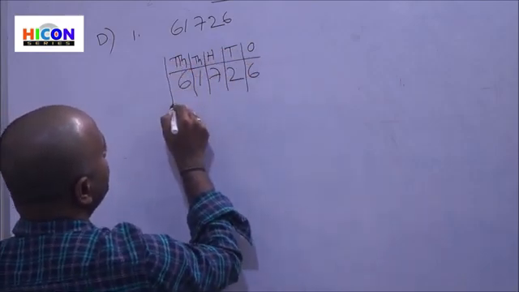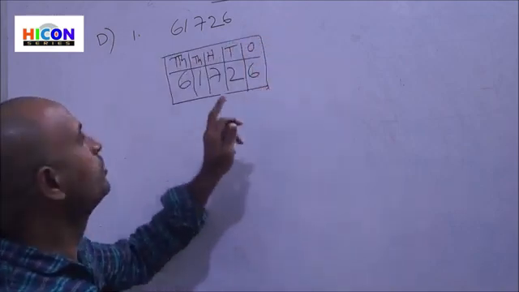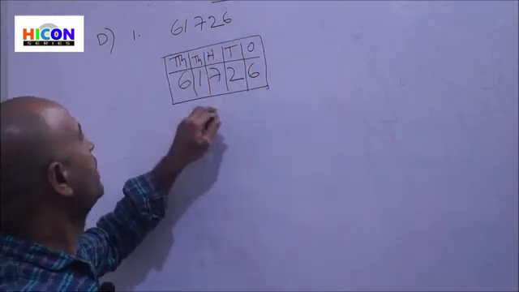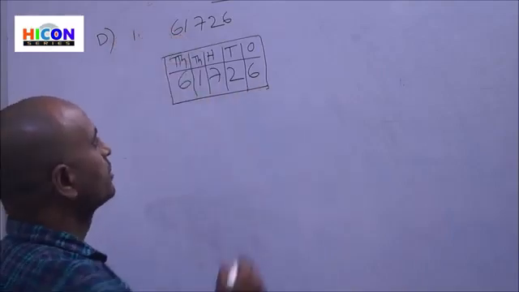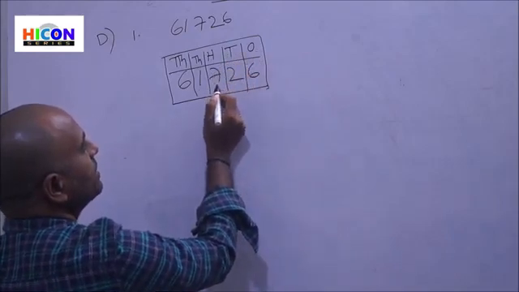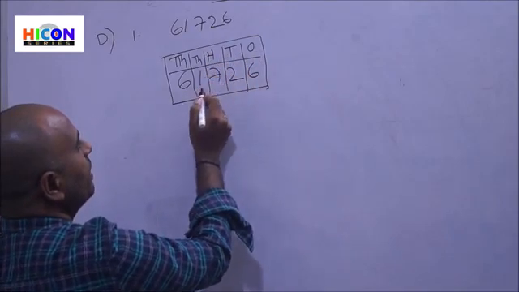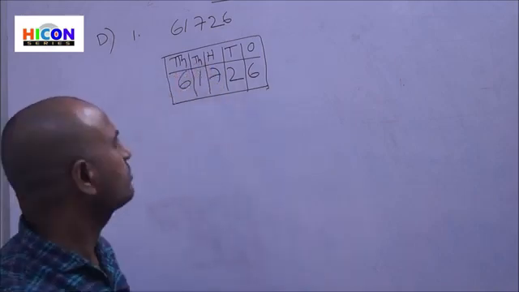First we write the place value chart for the given number and insert every digit in the place value chart.